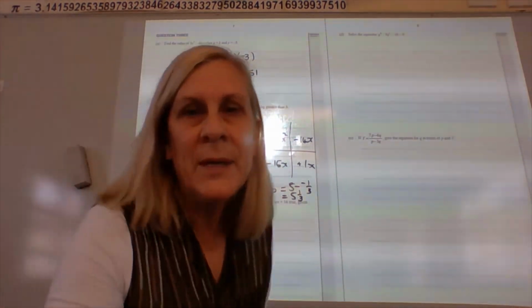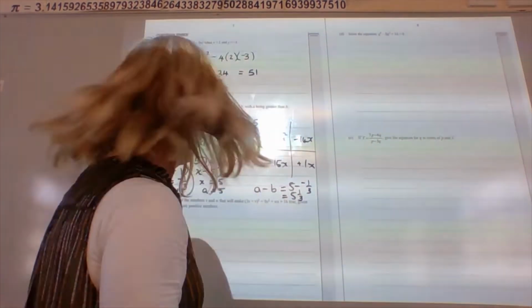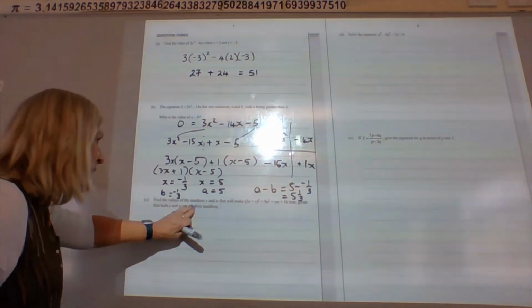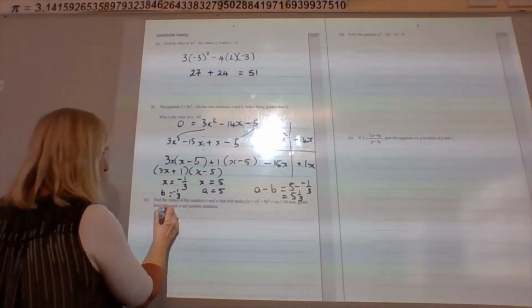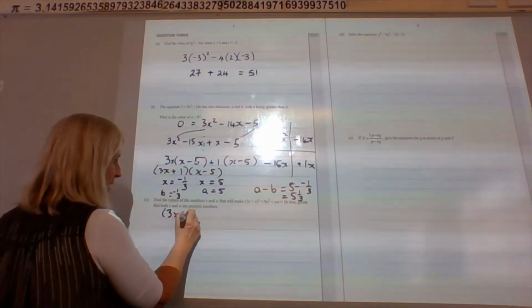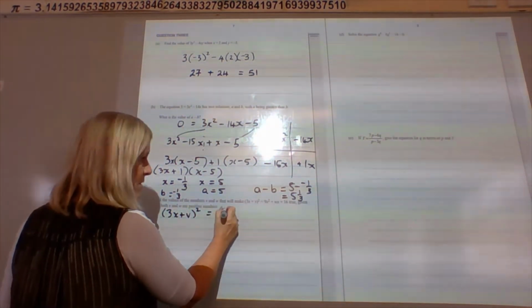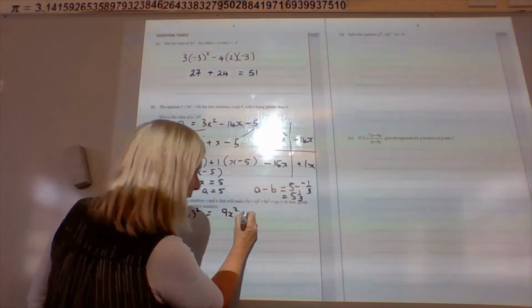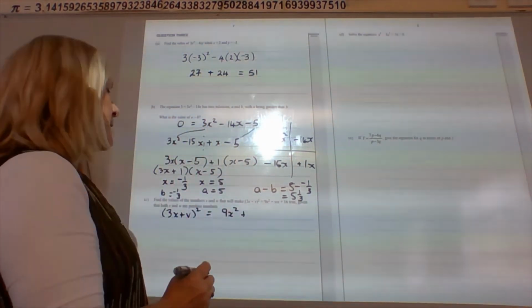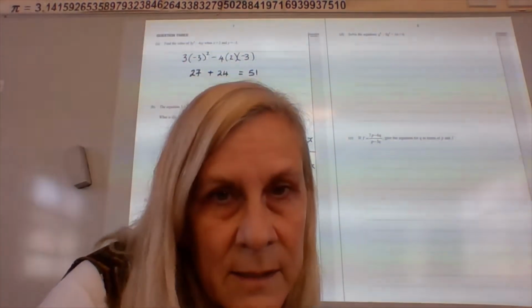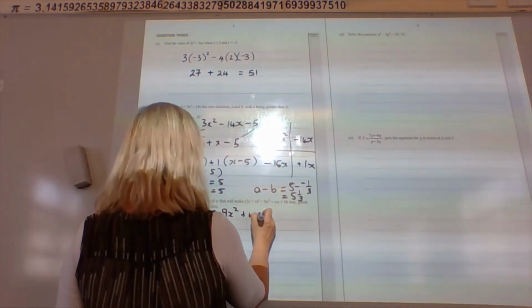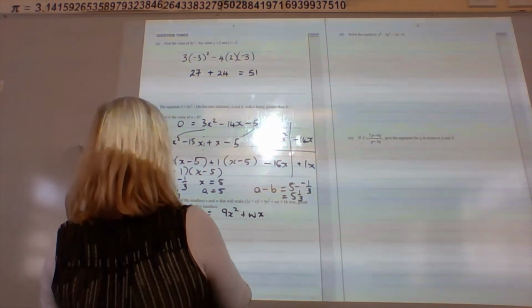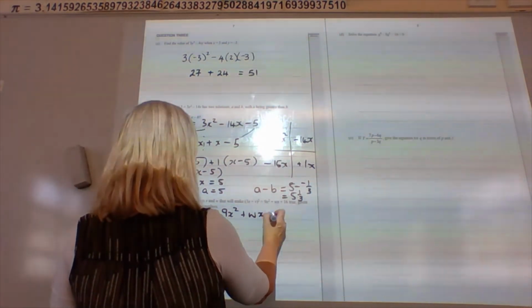So part B, I'll see here, find the value of V and W that will make this true. So we've got 3x plus V squared equals 9x squared plus, can't read that, W x, oh it's W we're finding, okay, plus 16.